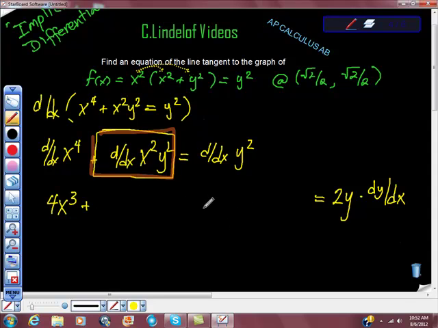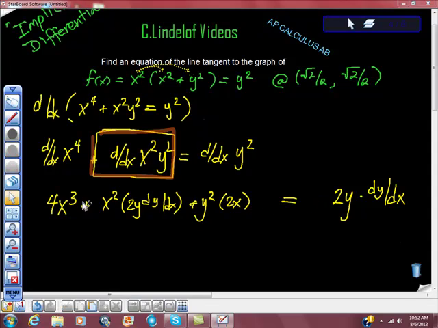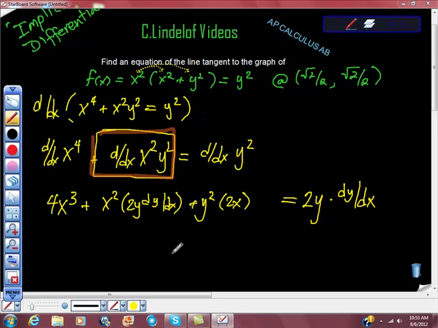What that gave us, if you remember, was x squared times 2y dy dx plus y squared times 2x. Now we have all of our pieces together. So that's where we are right now.